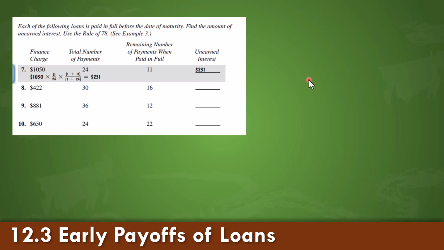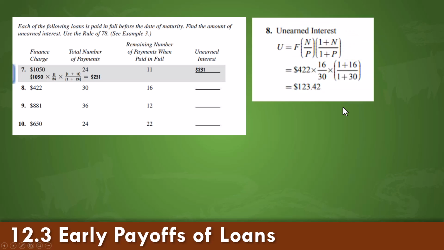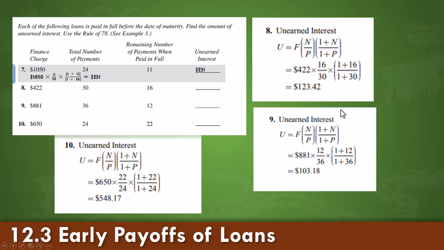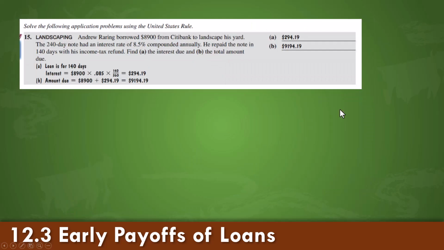Finance charge, number of payments remaining, number of payments in full is provided for you. By calculating and using our unearned interest formula, we can calculate the following. 8, 9, and 10 are demonstrated for you here.